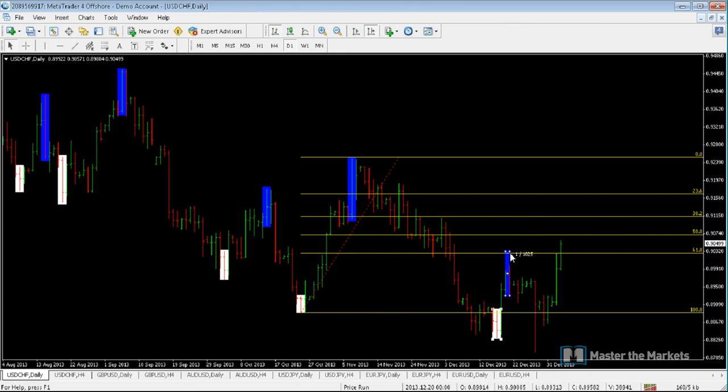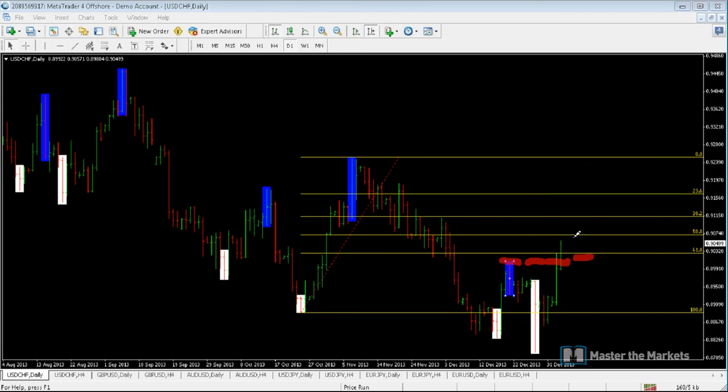And the reason that this is set up as a price run setup, first of all, is because we have a swing low that's established here in this market, and you can see that this was a downward trend up until this point just here, where on Thursday's bar, you can see we actually had a break of this swing high.